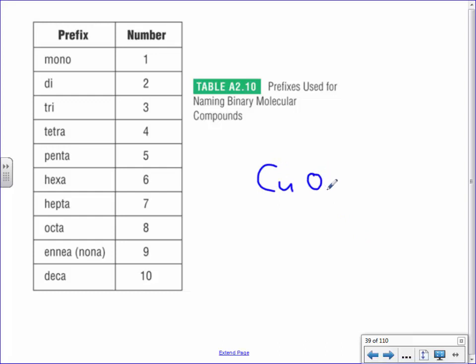CuO, no, that's not correct. PbO2 is not lead dioxide. Dioxides and trioxides and pentas and that stuff is where this one would be negative and this one would be negative. But if one is positive and one is negative, we have a brand new naming scheme for it. So the dis and tris and stuff only apply if they're both negative.